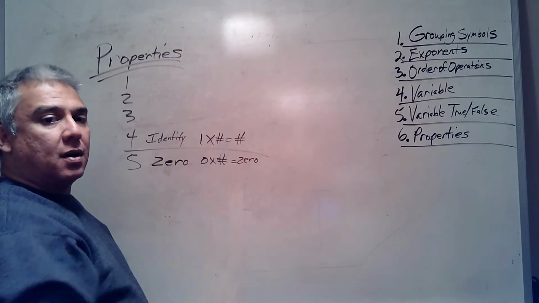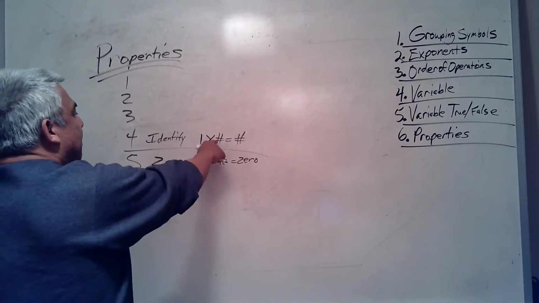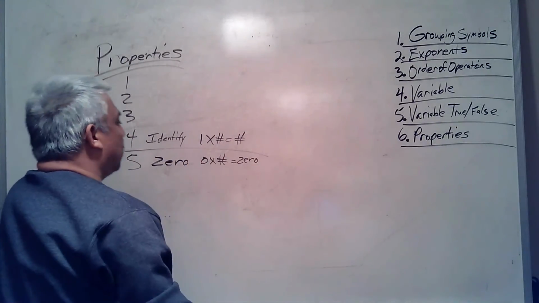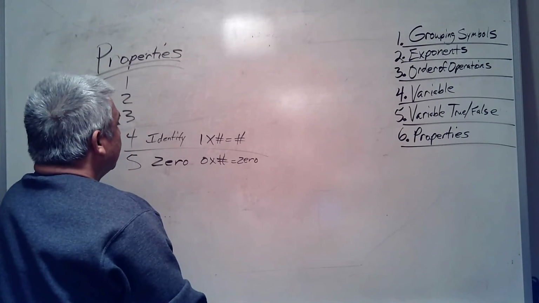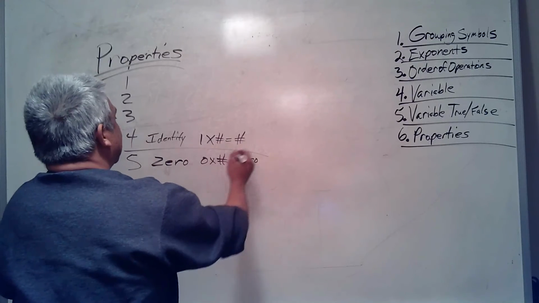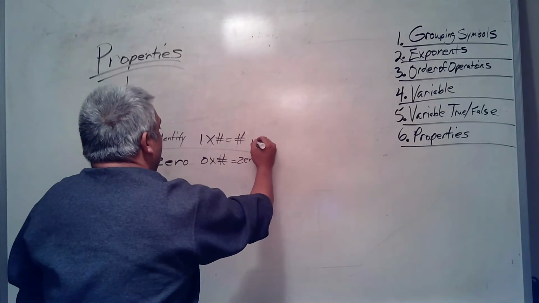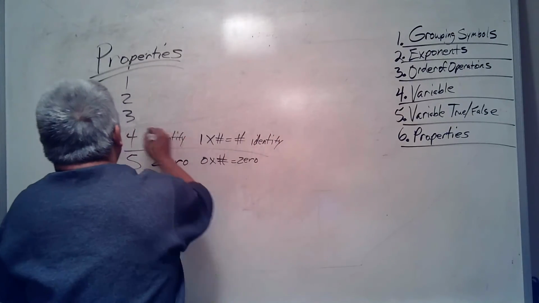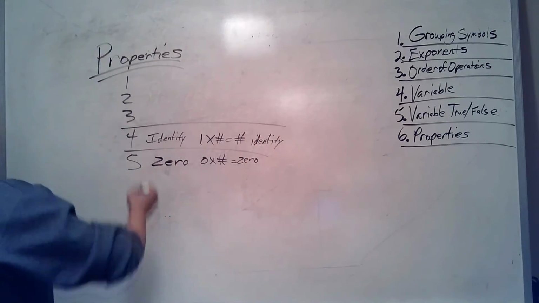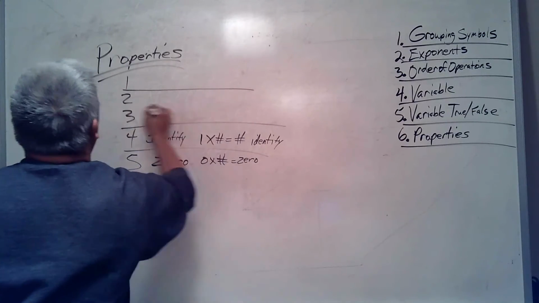Whatever is there, that's the answer. So that pound or hashtag, whatever you want to remember it as, that is what it is. And that's called identity. Woo, that leaves us to the top 3.